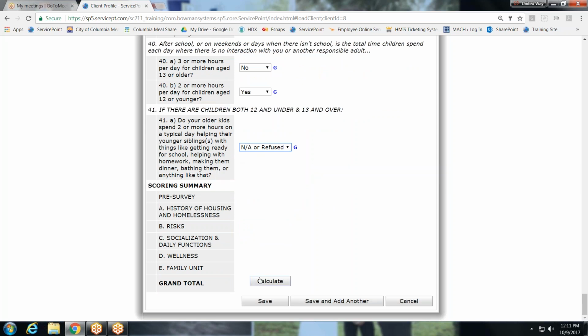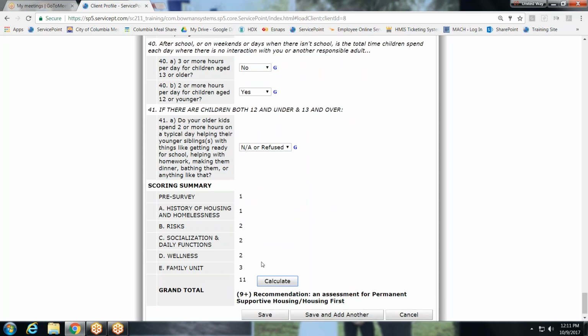So what we're going to do at this point is hit calculate. But remember, we're not telling the client their score because we don't want them to keep calling and asking where they are on the list, saying, I know I'm this number. Just at this point, you want to thank your client for taking the time to answer the survey questions. And if you're pulling them into your emergency shelter, you can go ahead and begin that process.